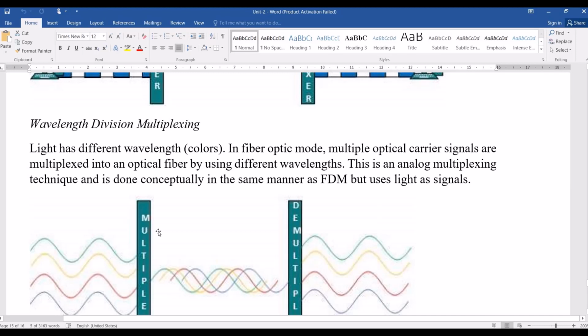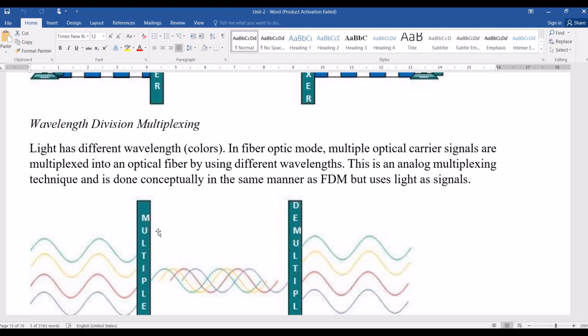And in fiber optic communication, there is wave division multiplexing. Here the wavelength, the color, is very important. In fiber optics, multiple optical carrier signals are multiplexed into an optical fiber using different wavelengths. This is an analog multiplexing technique and is conceptually similar to frequency division, but with light as the signal.